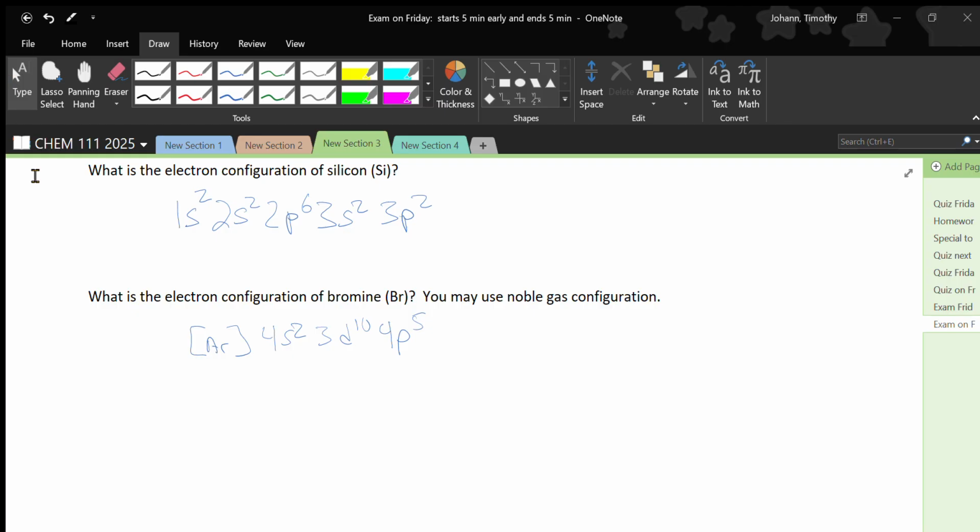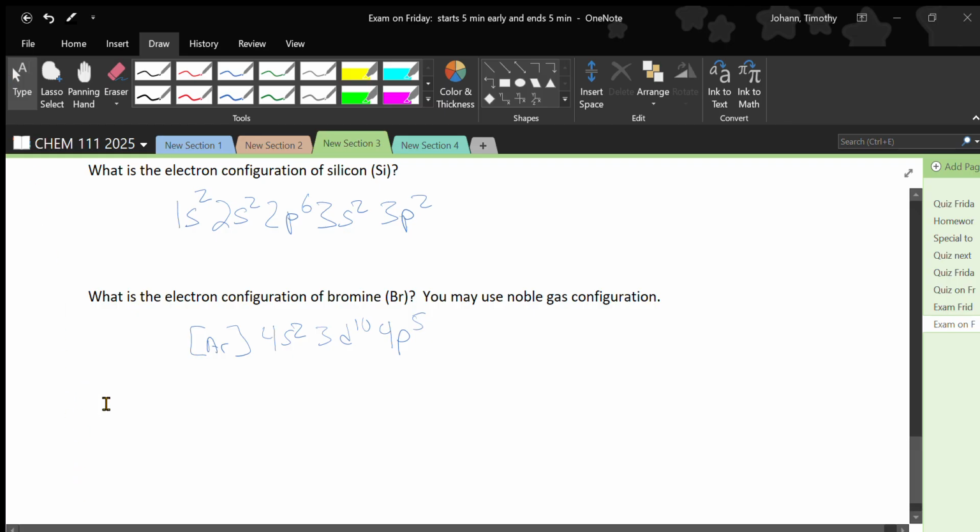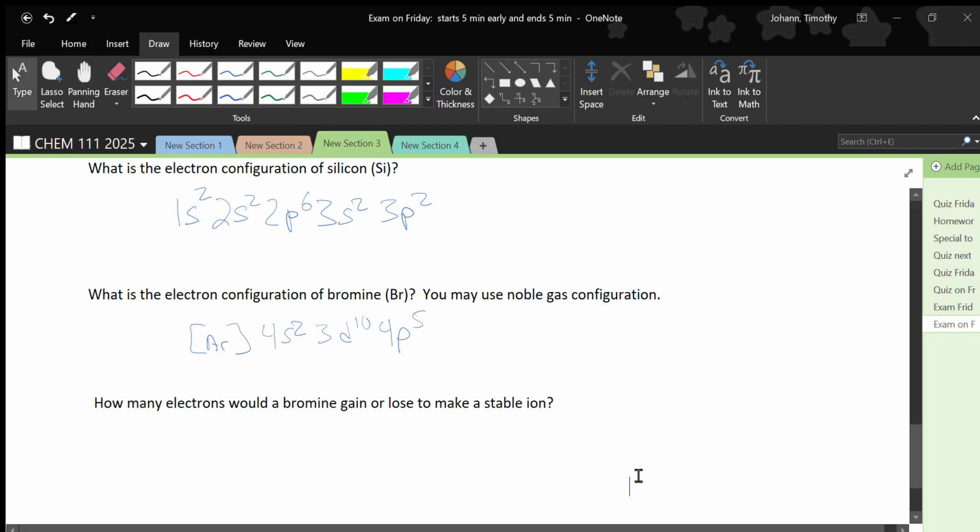Let's ask another question here. How many electrons would a bromine gain or lose to make a stable ion? So what's our rule for this?